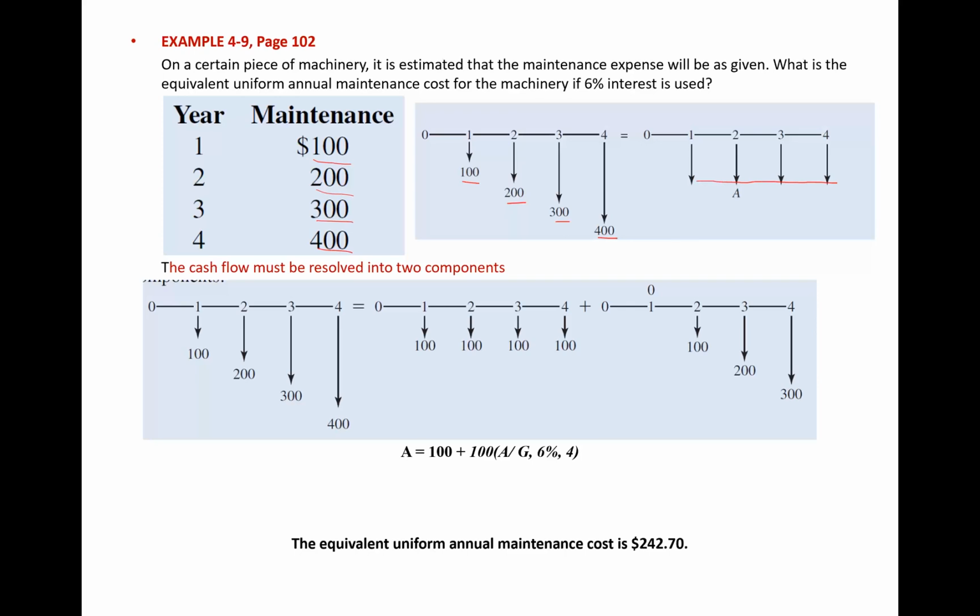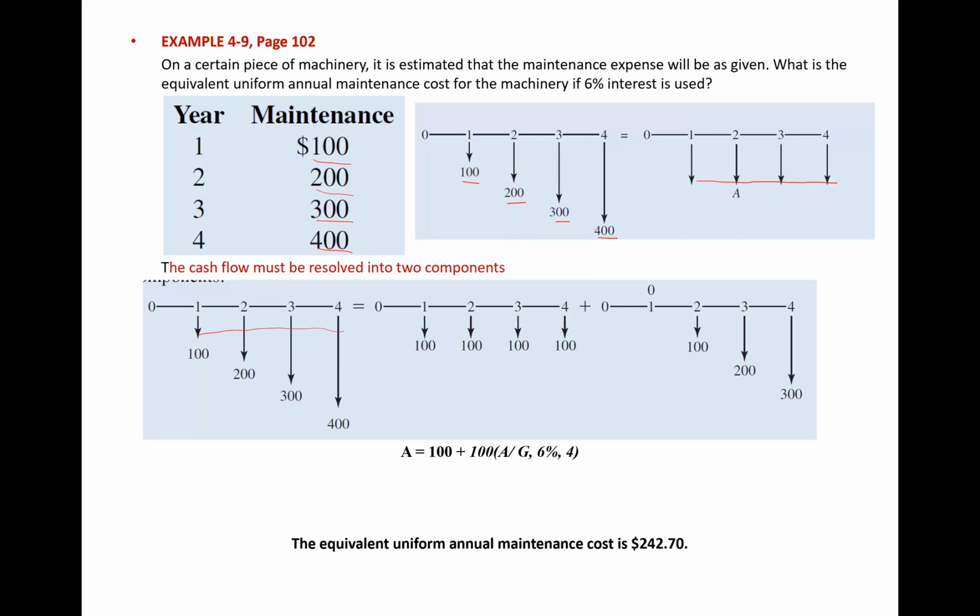So here it's an arithmetic gradient with increase of 100. So we can divide it into a uniform series of 100. So we get 100 for the 4 years, and after that the remaining will be, for year 1 is 0, for year 2 is 200 minus 100 is 100, for year 3 is 200, for year 4 is 300.